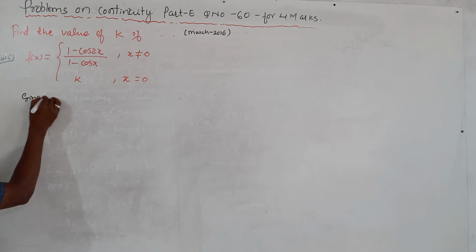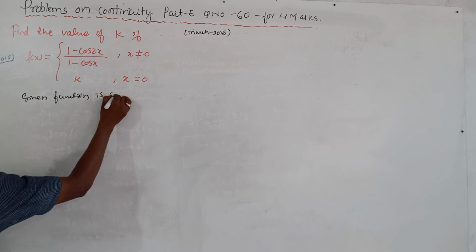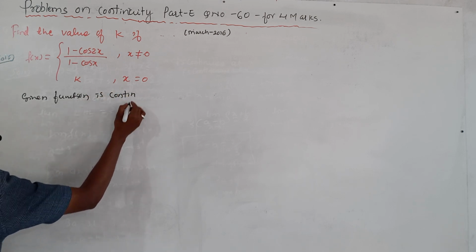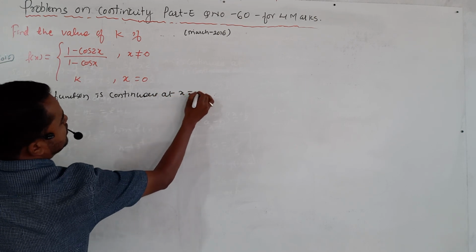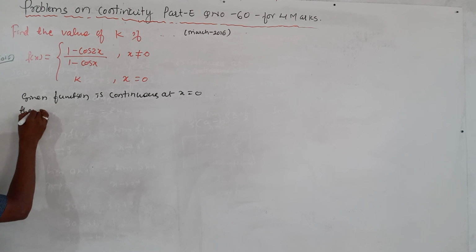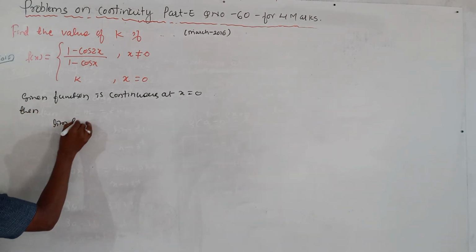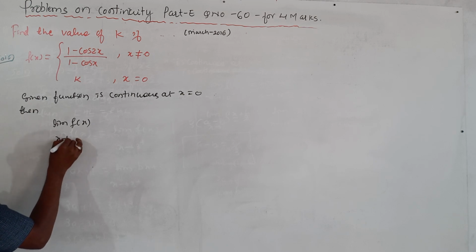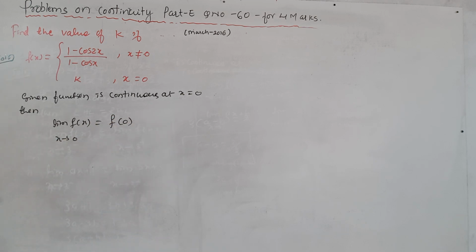Given that the function is continuous at x equal to 0, the limit of f of x as x tends to 0 is equal to f of 0, the value of the function.